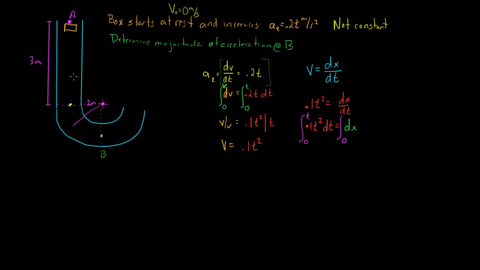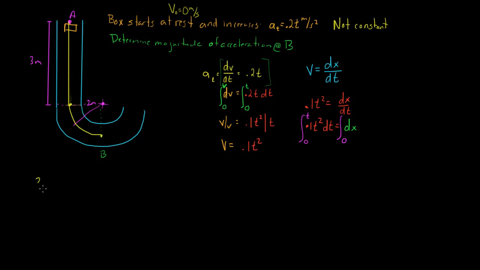Well, we can figure that out. The box is going to move from here to here in a straight line, and then along a circular path from this point to this point, and we have a radius. So how far is this?